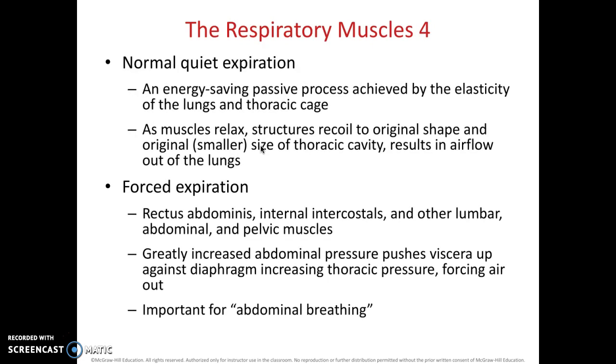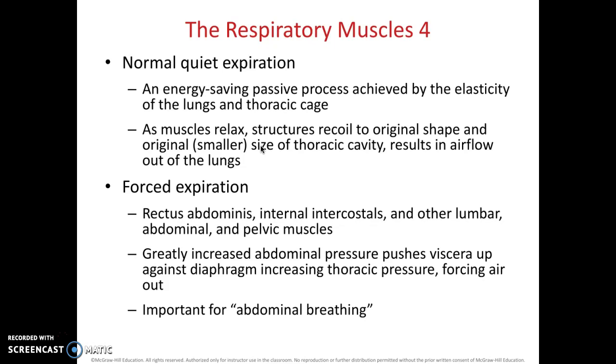During normal quiet expiration, it's an energy-saving passive process that's achieved by the elasticity of the lungs and the elasticity of the thoracic cage. As the muscles relax, the structures recoil to the original shape, making the thoracic cavity smaller, resulting in airflow out of the lungs.